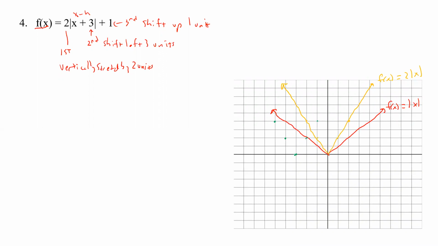And so now we end up with something like that. And if it's drawn straight, hopefully that looks close enough. So f of x now is equal to 2 times absolute value of x plus 3. Okay. Now we just have to shift everything up by 1 unit.